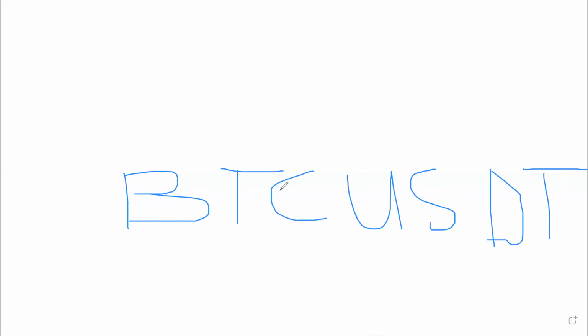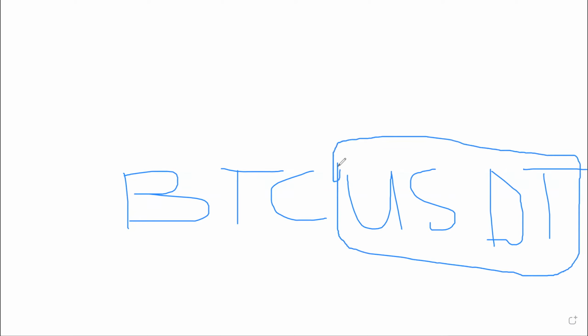If you are longing BTC USDT, this is what I want you to understand. You will need USDT to open this trade, just like we have it in sports. You must have USDT in your wallet because this is what you are using to bet on the price of Bitcoin.